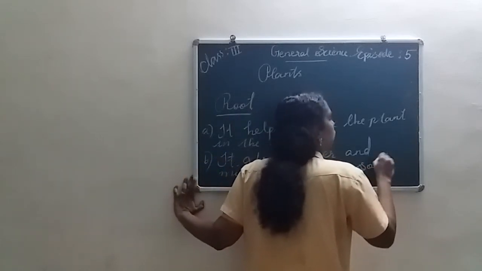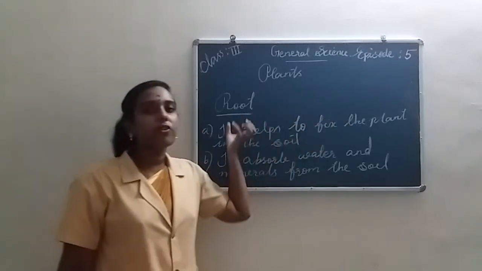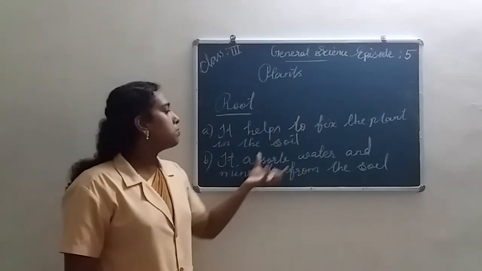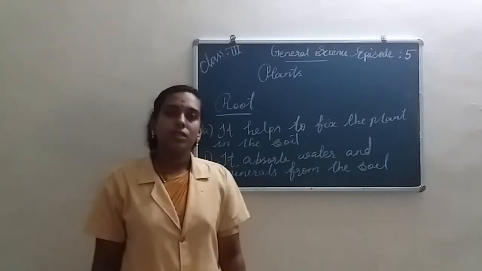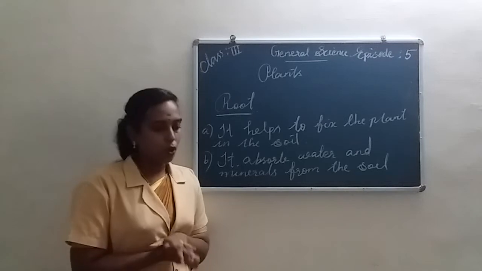These are the two main functions of a root. It helps to fix the plant firmly in the soil and it absorbs water and minerals from the soil.